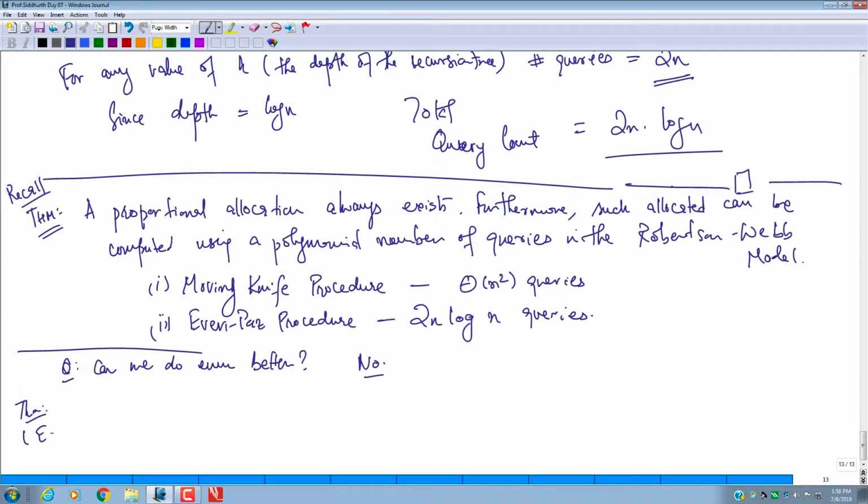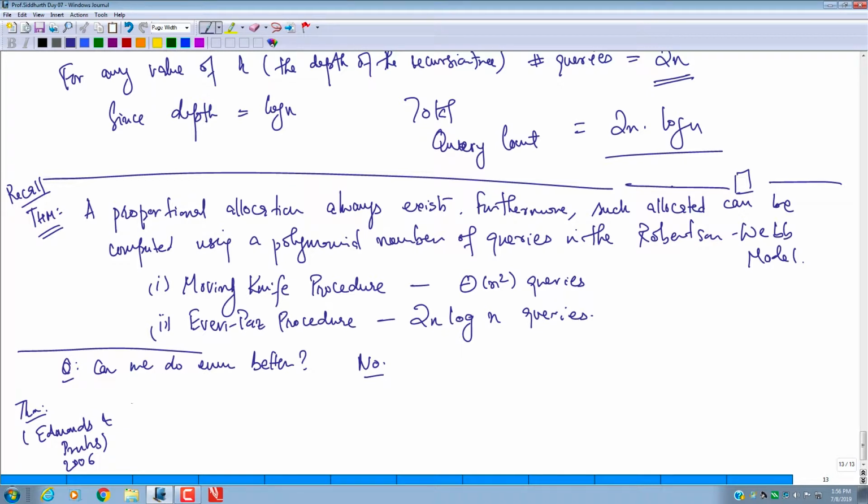This is by Edmonds and Pruhs, and again the Handbook of Computational Social Choice, the reference that I had pointed out earlier, is a good place to read the details of this result.